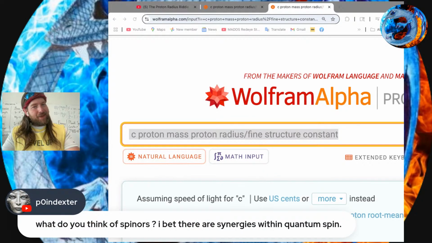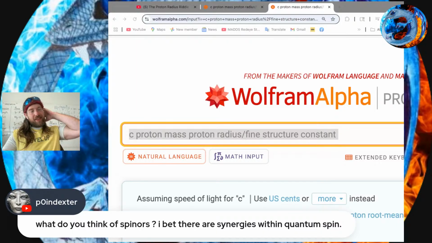Poindexter's asking, when I think of spinners, I bet there are synergies within quantum space. Well, that's interesting, because I think the way Thad is laying out the new book is, if we say the hyperbolic figure 8 knot complement, it kind of seems like a bispinner. Why?